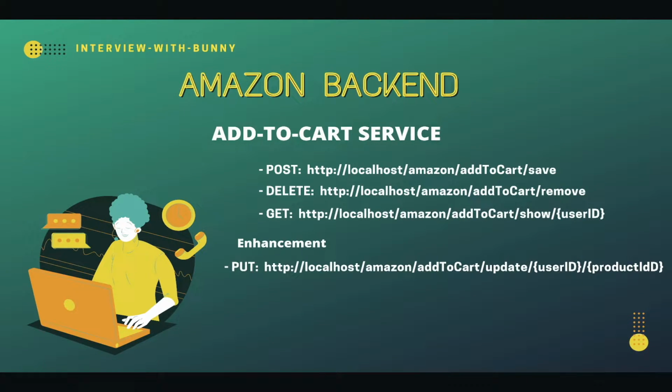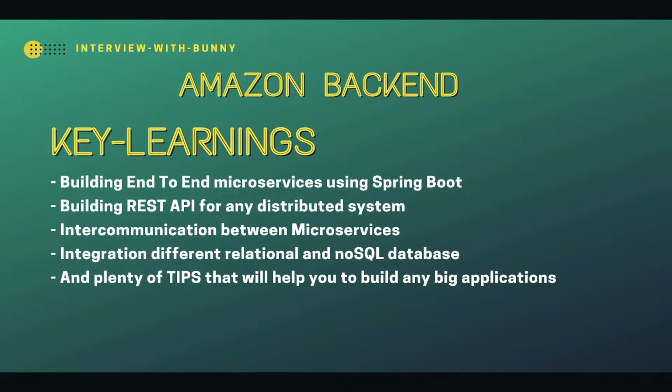So along with this, I will be sharing plenty more tips and tricks of how to develop a backend microservice architecture so that you can easily learn the total microservice architecture and you can create any REST API endpoint as you require. So to summarize everything, while we will be implementing the backend for our Amazon cloning app, here we will be learning primarily 5 things. One is how to build an end-to-end microservice using a Spring Boot application.